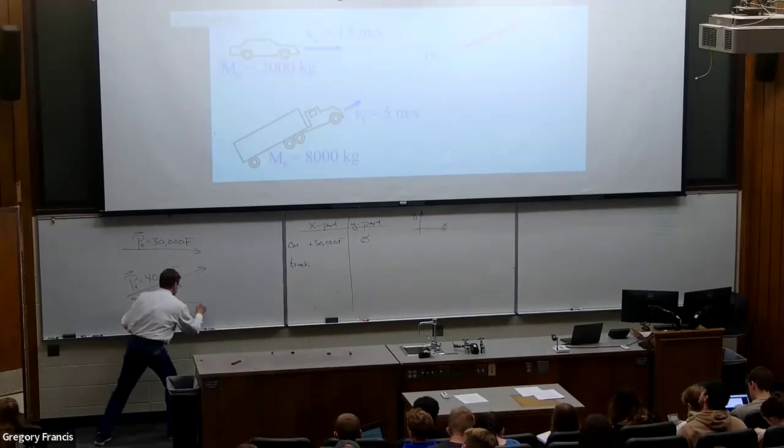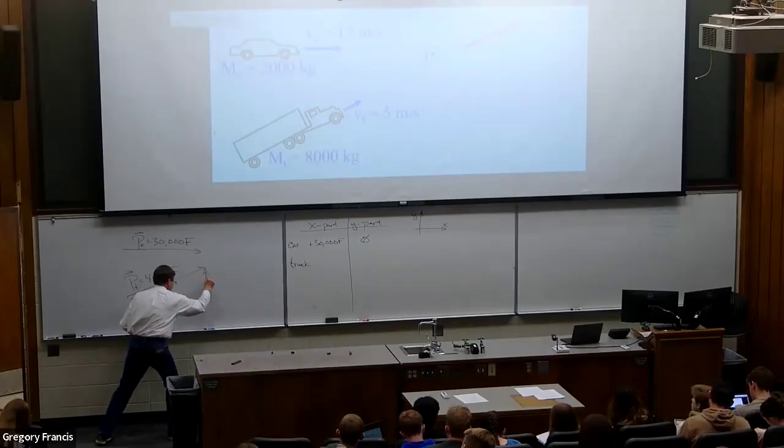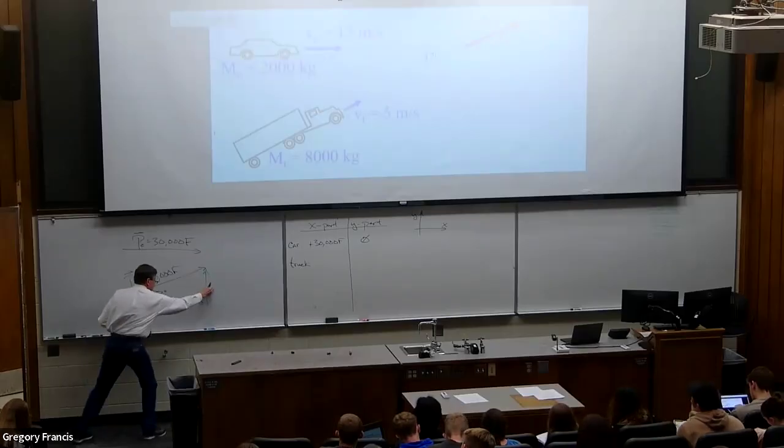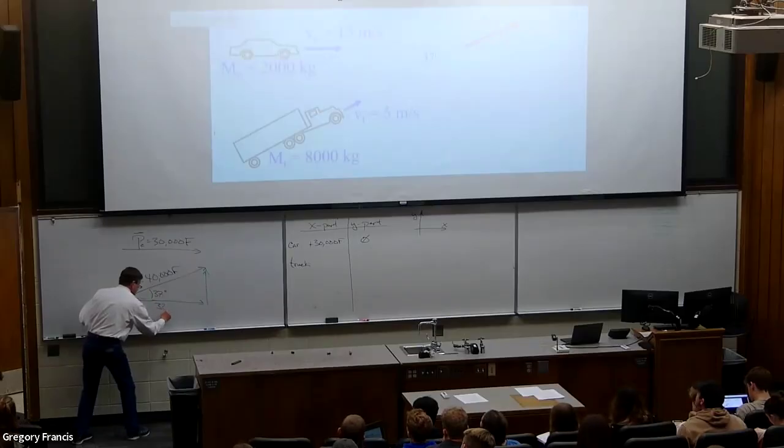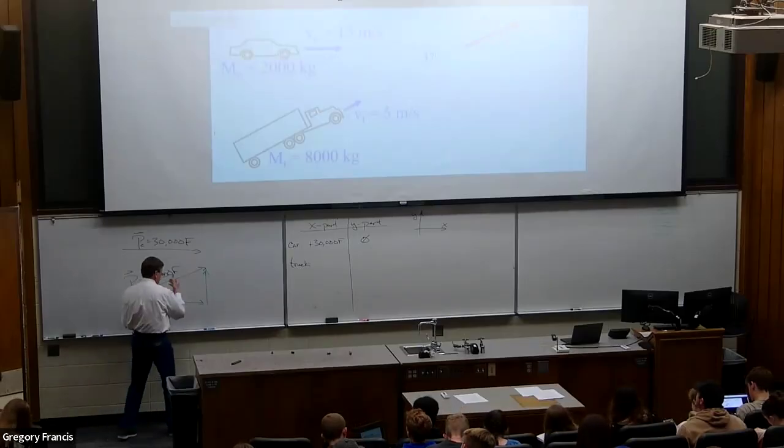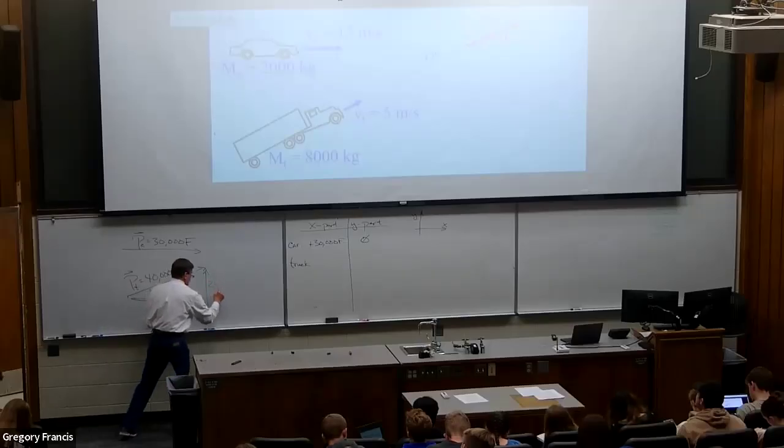And that X part and that Y part make up a 3, 4, 5 triangle. Okay? And because this is 5 times 8,000, this is going to be 4 times 8,000 or 32,000 franci. And this is going to be 3 times 8,000 or 24,000 franci.